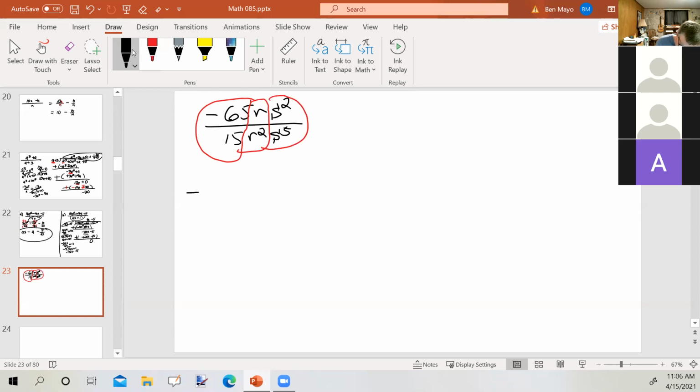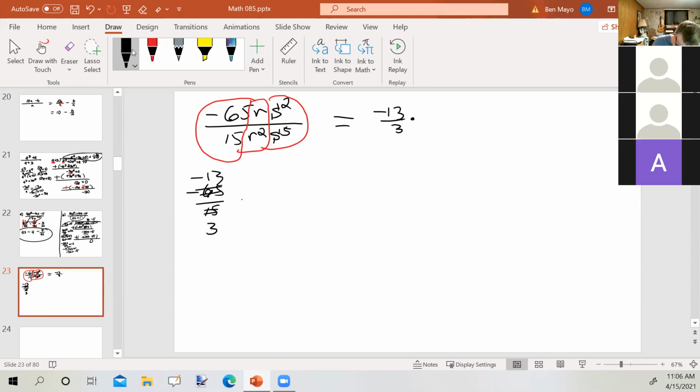So negative 65 divided by 15. 5 goes into both. Negative 65 divided by 5 would be what? Negative 13 over 3. Is that right? Yes. Okay, so negative 13 over 3.